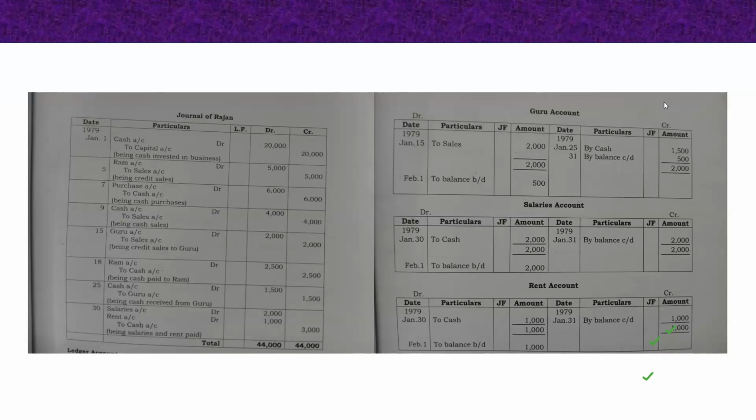How will the journal entry be given there? Both are one and the same actually. Private use and personal use can be considered one and the same. Like we can write drawings account debit to bank. Do we have to write drawings twice, or one time?